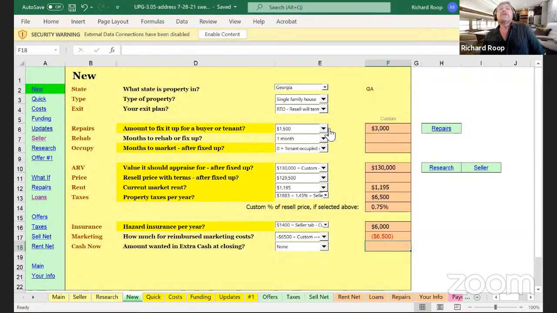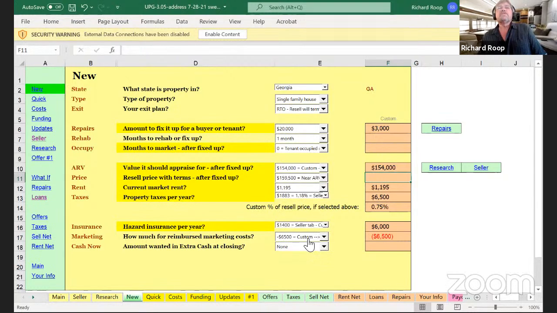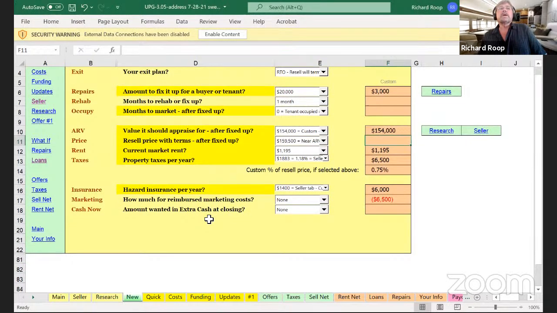Okay, now if we change this back to 20,000 in repairs, and we sold it, the value was 154, and then the after repaired sales price was 159, and we didn't actually have a negative on the marketing money.